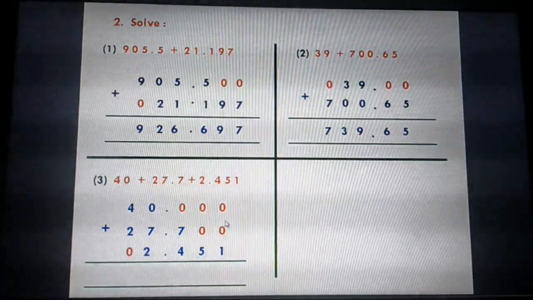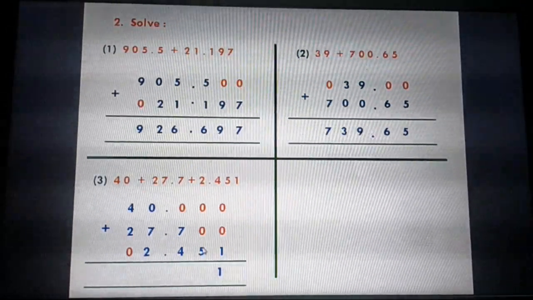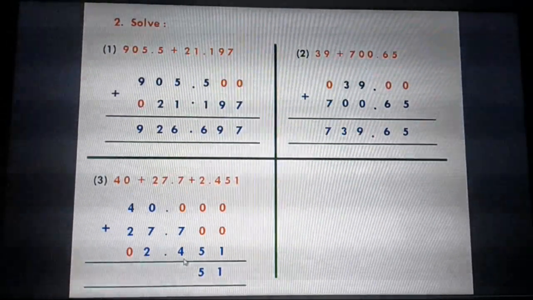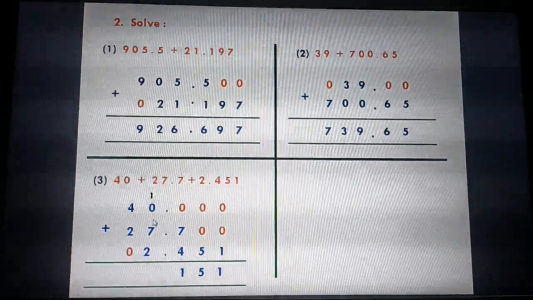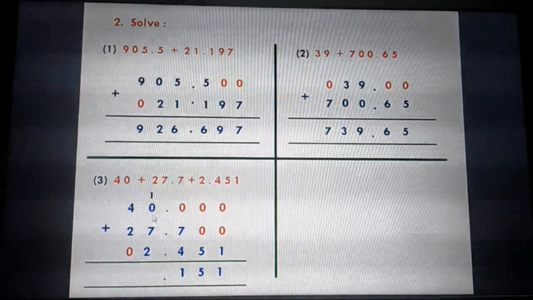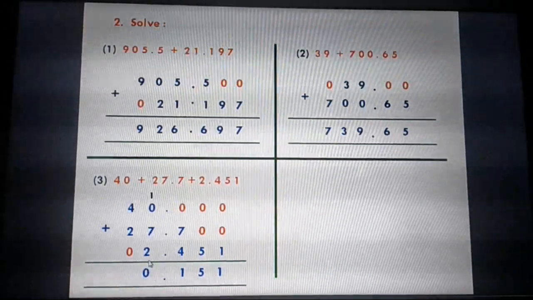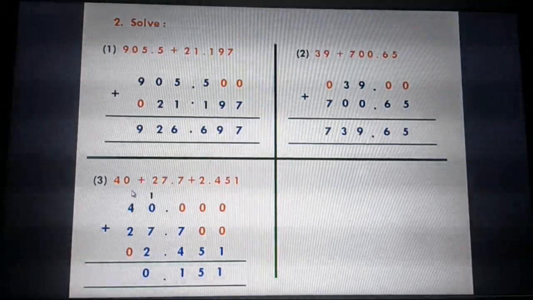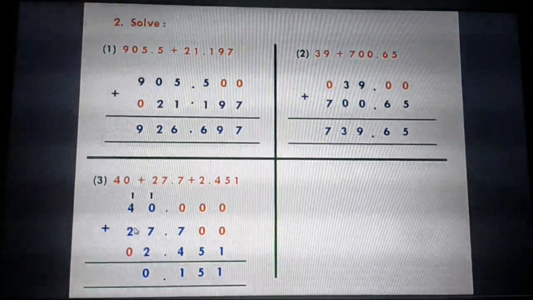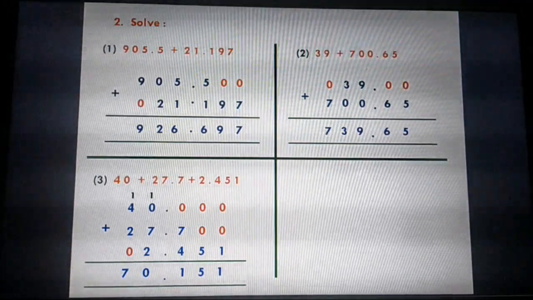Now you add 0 plus 0 plus 1, 1. 0 plus 0 plus 5, 5. 7 plus 4, 11. Carry 1. Then here decimal. Then 1 plus 7, 8. 8 plus 2, 10. Then 0. Carry 1. 1 plus 4, 5. Plus 2, 7. Clear? Understood?